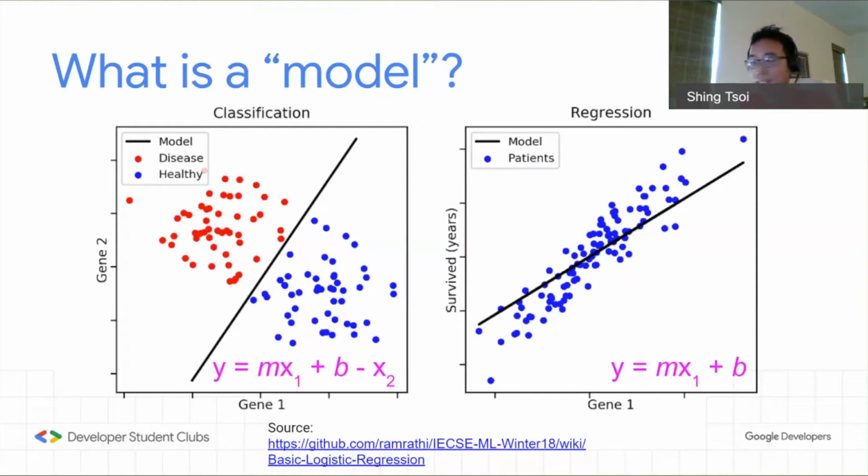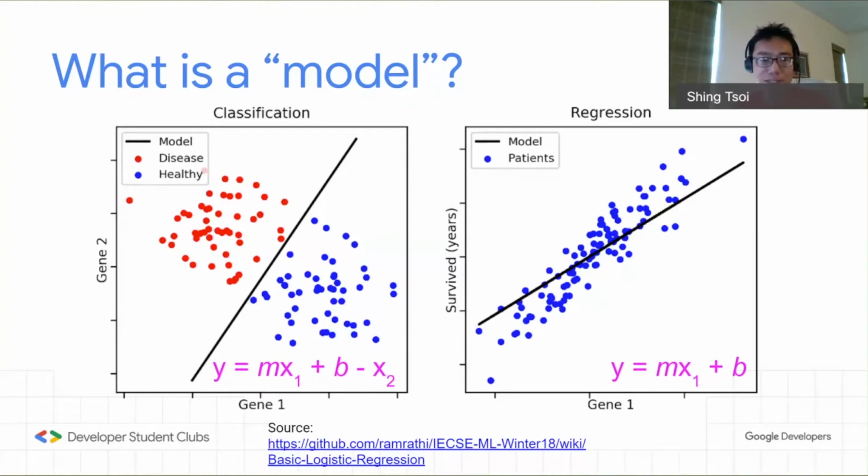On the right-hand side, it shows an example of regression analysis. Each blue dot represents a data point, and in this particular case, it represents the gene expression level of gene 1 and the corresponding survival duration of the patient. We collect a large amount of this data and then try to fit a model to it.